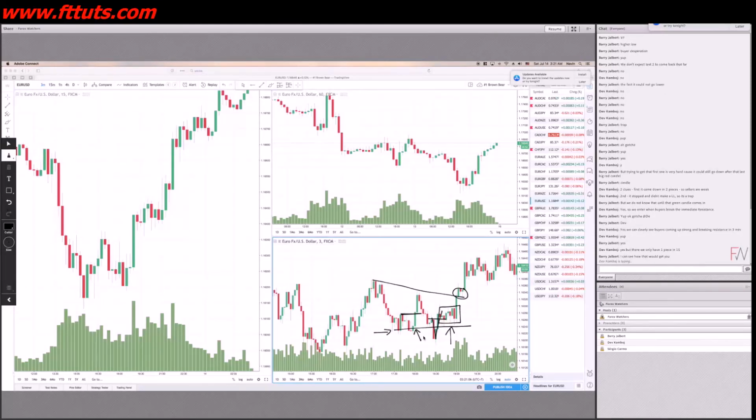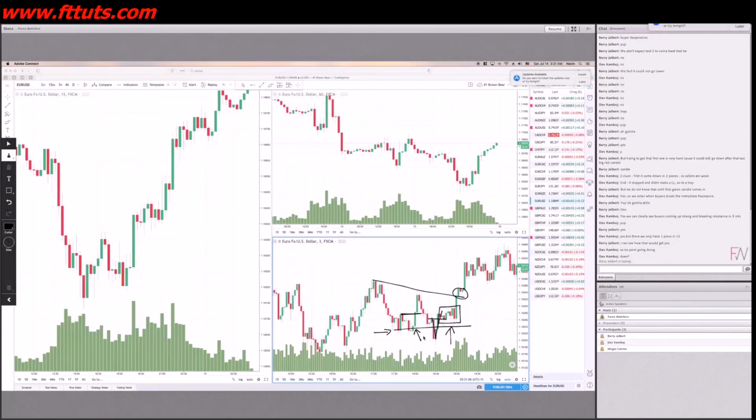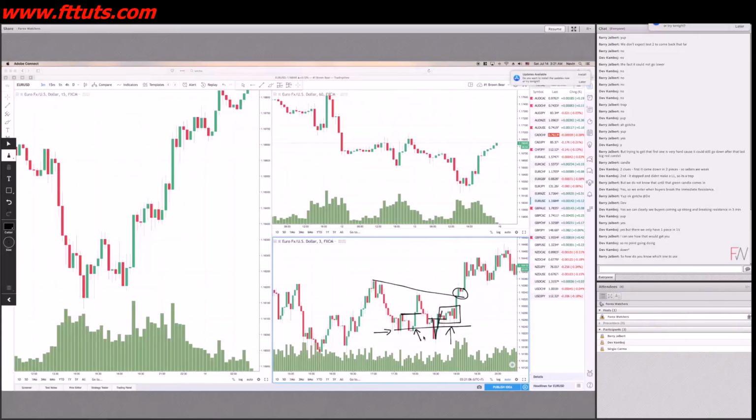And then later figuring out, oh, he's got another push down coming. Okay, Dave, yes, but there we have only one piece in the 15. Exactly. So that's why you have to be very, very careful, you only come down to the 3 once you're almost certain that this is your moment to buy it.